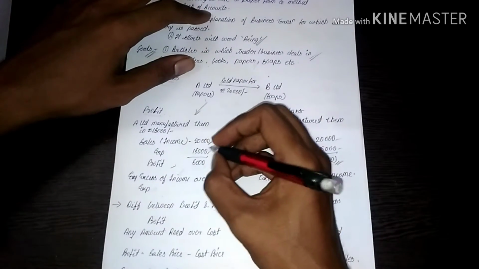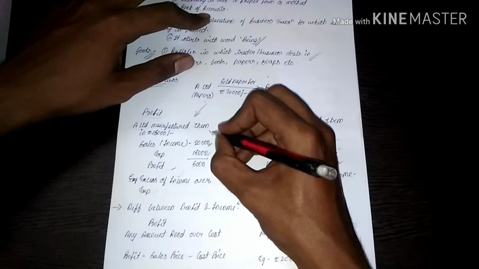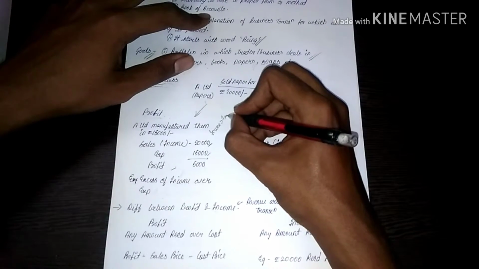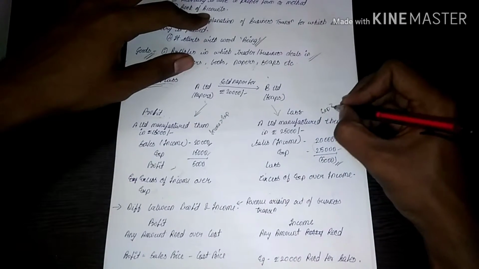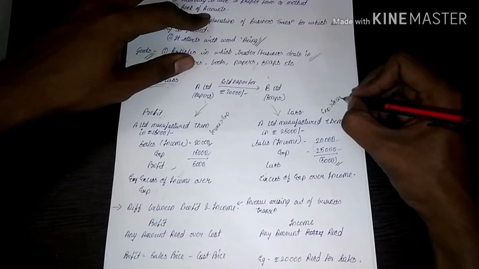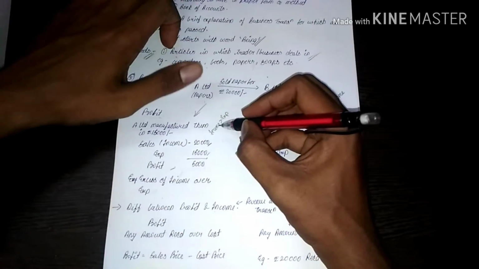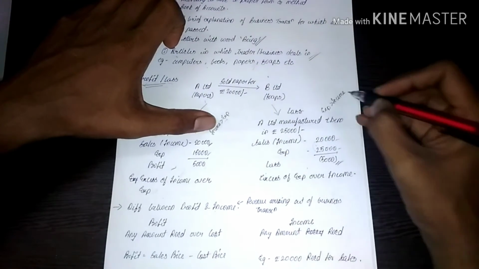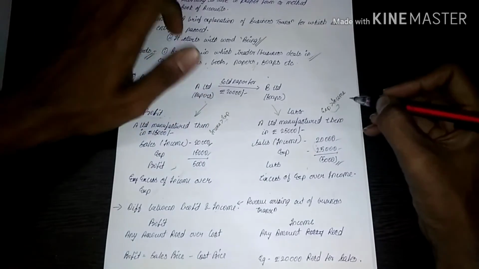In case of profit, your income is higher than your expenses, and in case of loss, your expenses are higher than your income. So that is how the definition changed. In case of profit, the definition will be excess of income over expenses, and in case of loss, the definition will be excess of expenses over income.